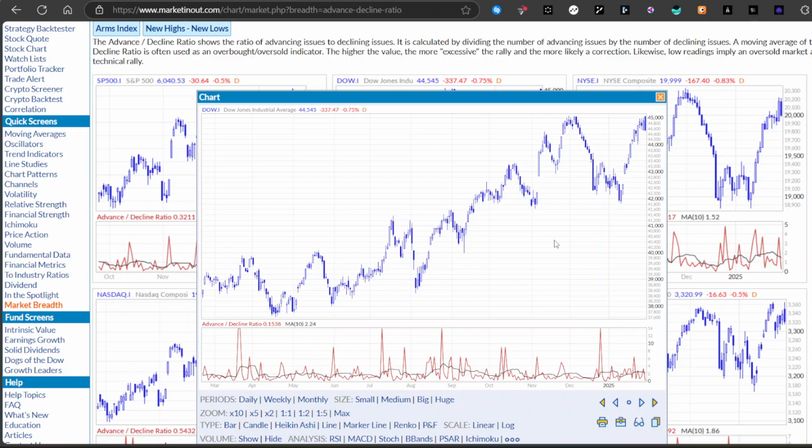For newcomers to this indicator, practice is essential. Practice is very important. You might want to spend time reviewing historical data and observing how the advance decline ratio reacted during previous market cycles.